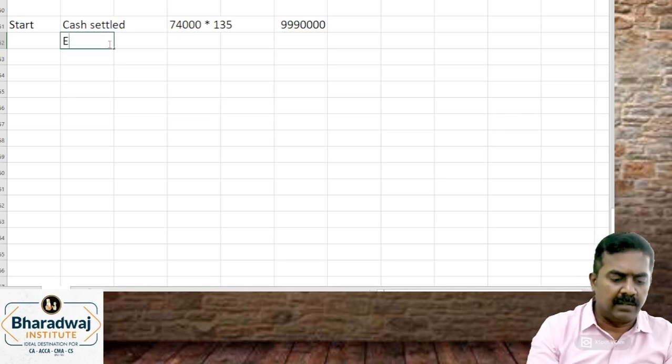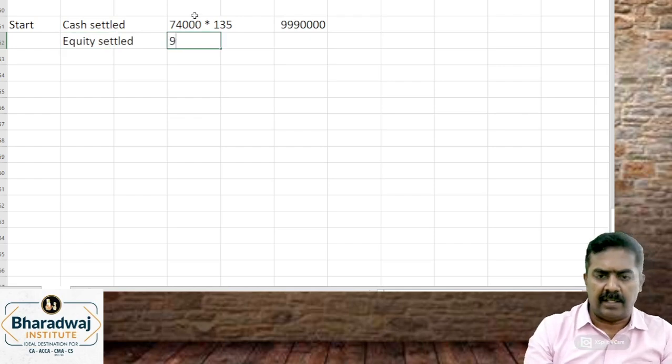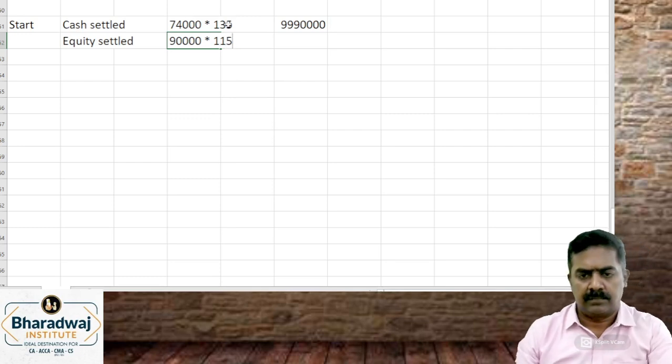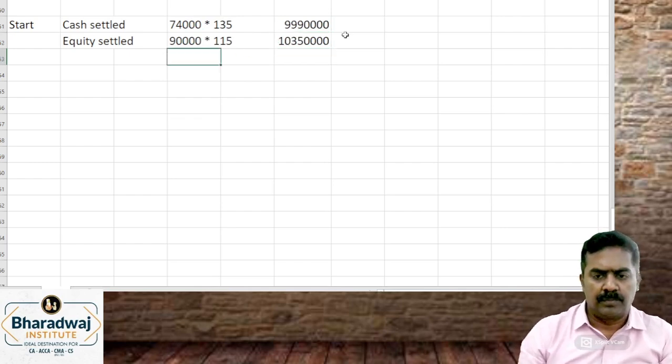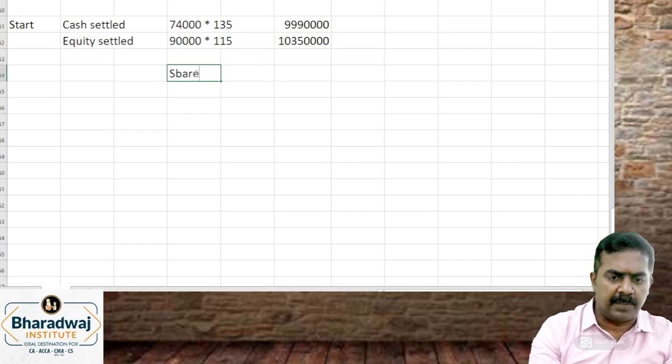If it is equity, 90,000 into... So, share based payment liability.